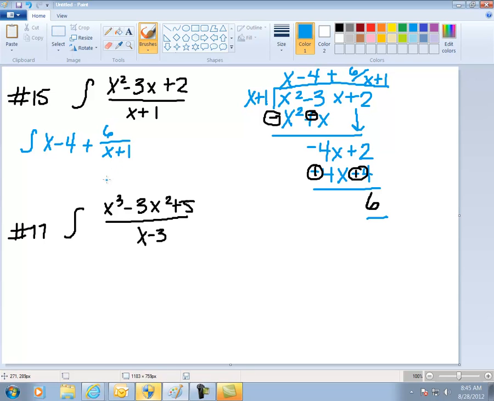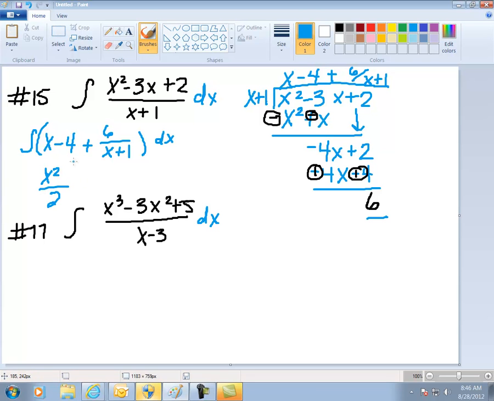And if you notice, this is not very hard to integrate at all. Remember, when we are doing sums and subtractions, we can just integrate the pieces. I keep forgetting my dx's. Sorry. All right, so the integral of x just becomes x squared over 2.